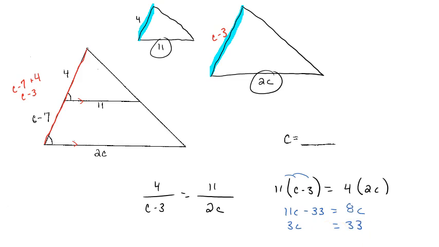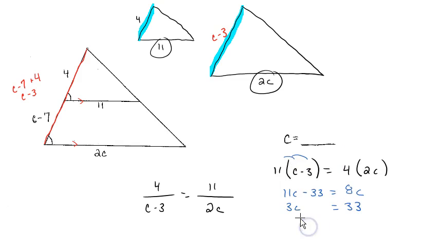So let me move that up and explain that again here real quick, and show what I just did. I subtracted 8c from both sides to get this. It went away here. And this became positive 33 because at the same time, I added 33 to both sides to get rid of my 33. Now I divide and we get c equals 11.